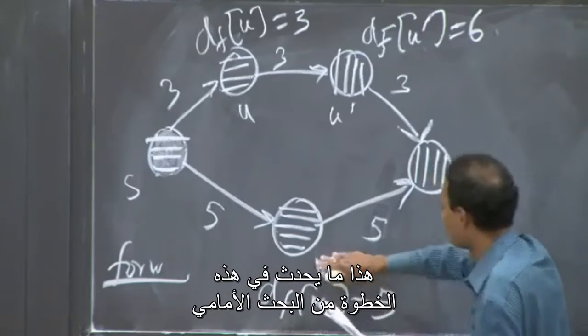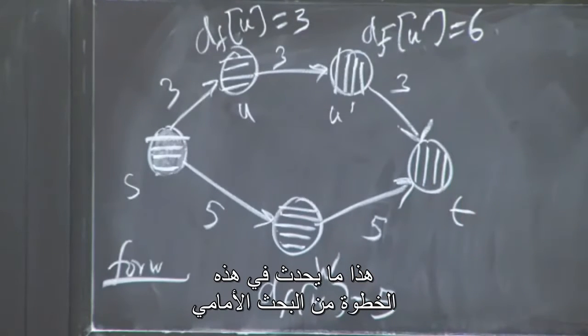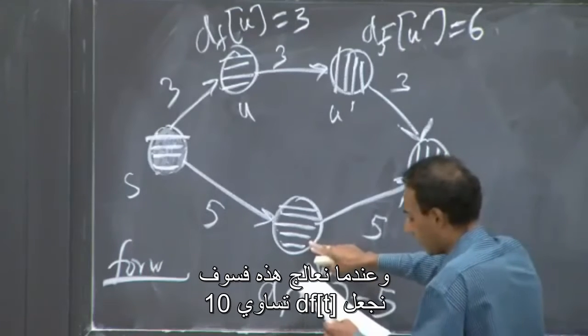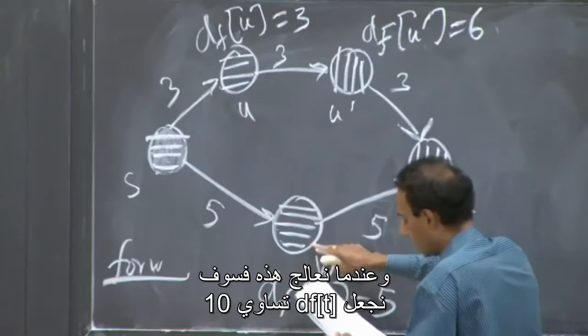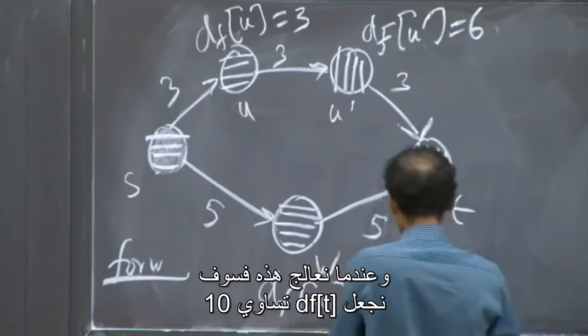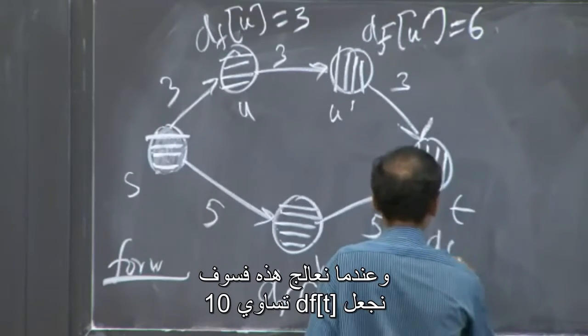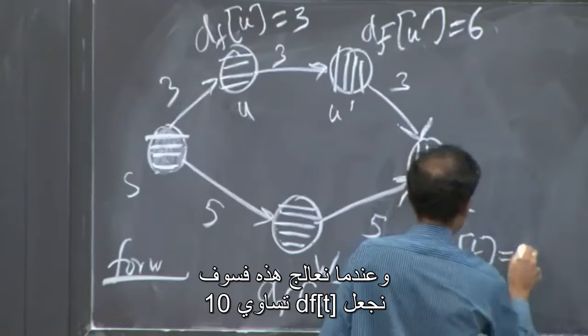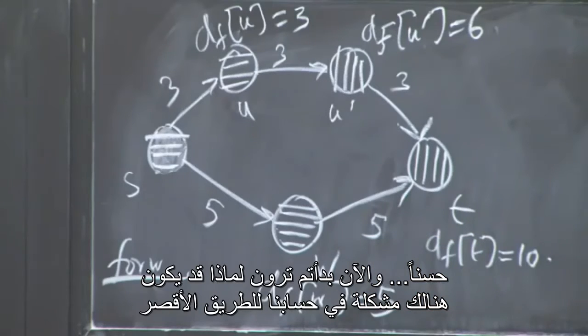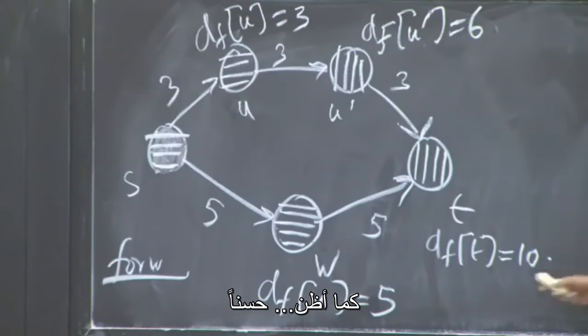So that's what happens in this step of forward search. And when you go ahead and process this, you're going to set DF of T to be 10. Okay? And now you're starting to see why there may be a bit of a problem with our shortest path computation. All right, maybe.